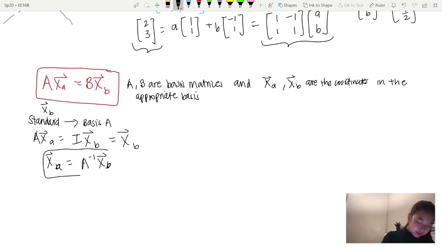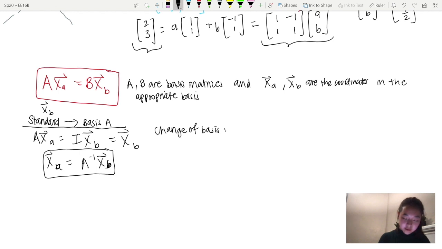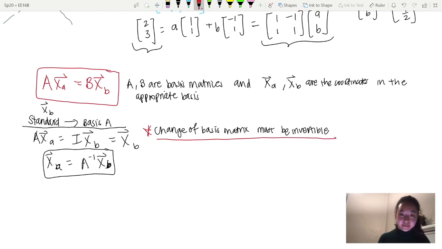So this is the usual formula you would want to use in order to go from a standard basis to this other basis A. So in this case, it shows how your change of basis matrix must be invertible. So this is another fact to keep in mind.